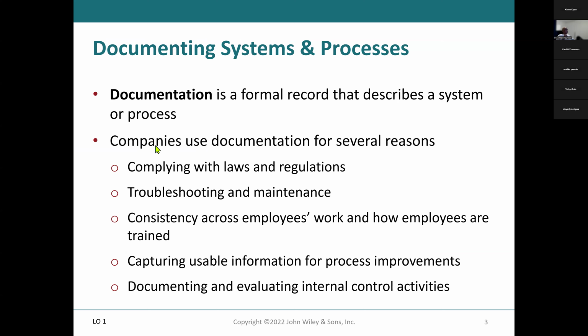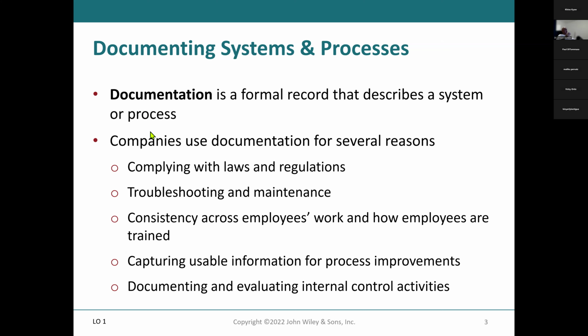And probably the best way to think of a system, or in the case of an accounting system, right now, just think of it as a computer program. So when you're thinking about a computer system, you can document that, or a process, any function that you're performing, any task that you may be performing, how would you be going about doing it?